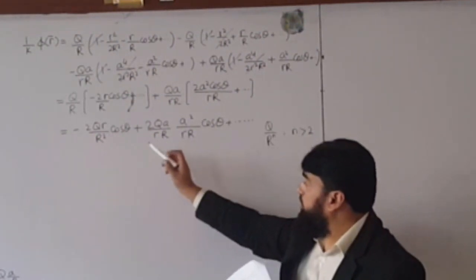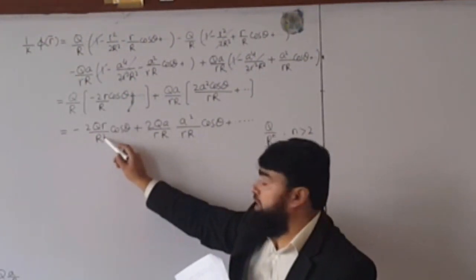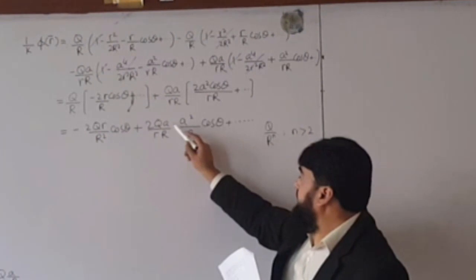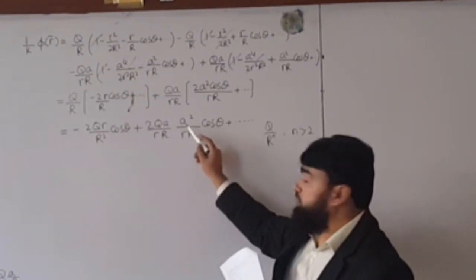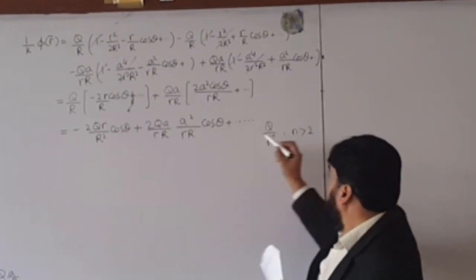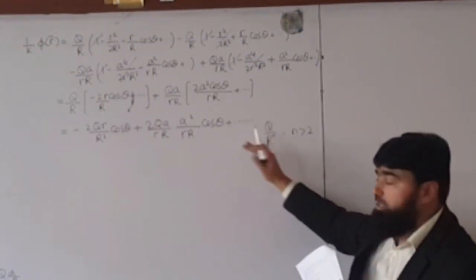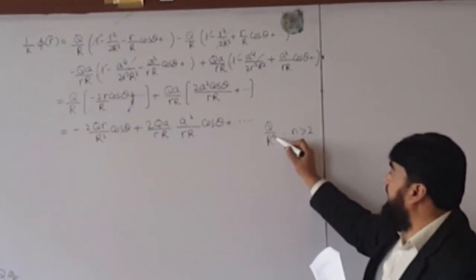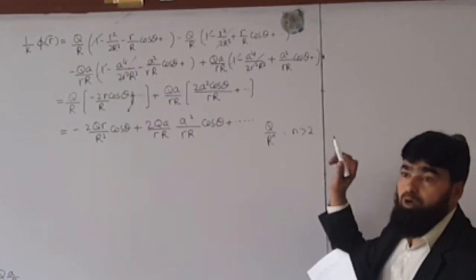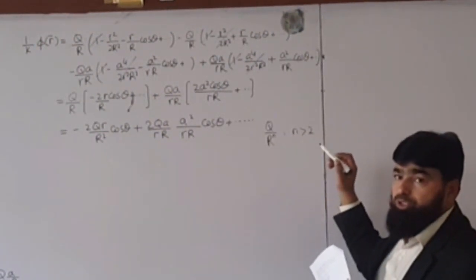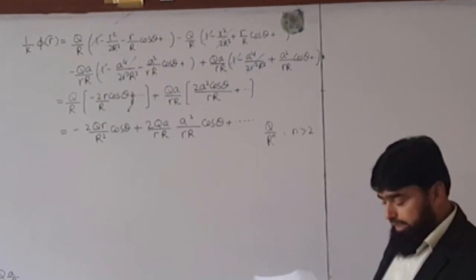Because if you look, here is q over r squared, here is q over r squared. So up to r squared we have kept the terms, and the terms which were greater than r to the power 2 we have dropped because their contribution is negligible.